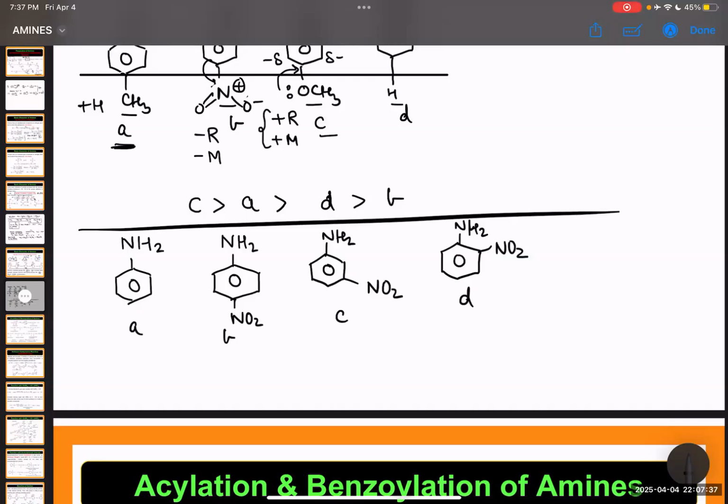So what is going to be the correct order of basic strength? Decreasing basic strength. Got it? Decreasing basic strength.